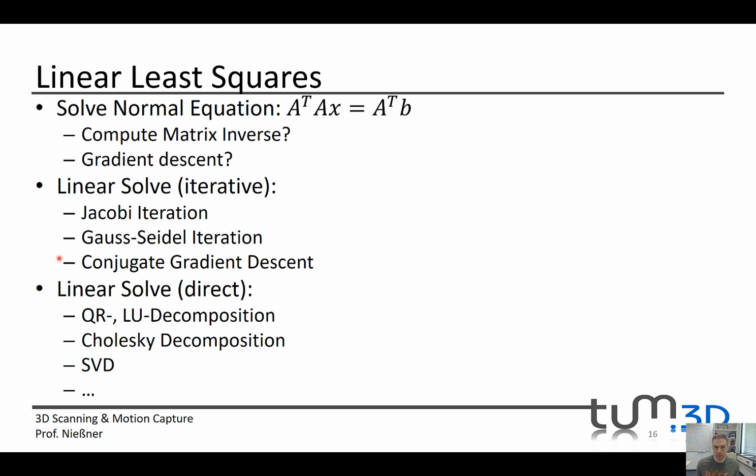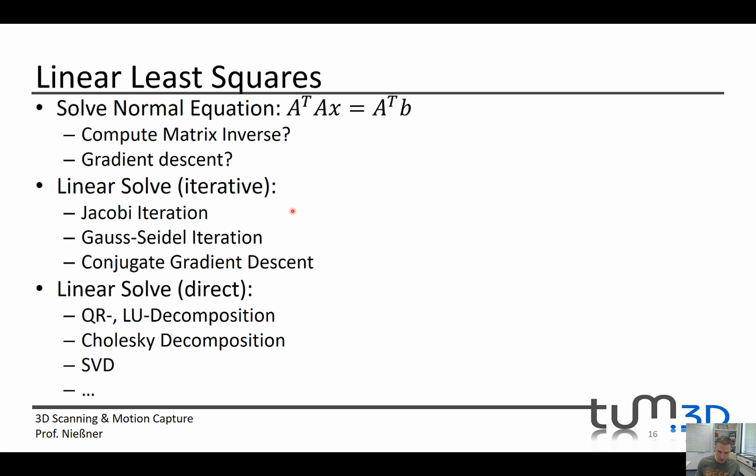But I think it's really important that you have a rough high-level overview of these methods. If you have never heard any of these things, I would highly recommend you look them up. Typically, these should have been all introduced in a linear algebra class. If you don't know it, please look it up. Really important, actually. But I don't have the time right now to go into all of them. I wanted to have this as a bit of a refresher that these are really important solvers for linear systems.